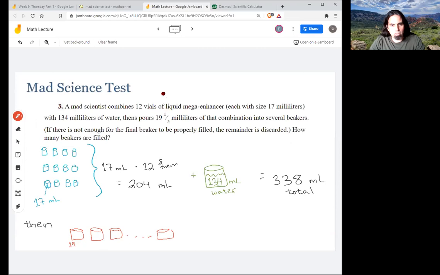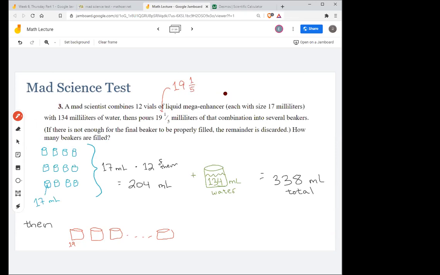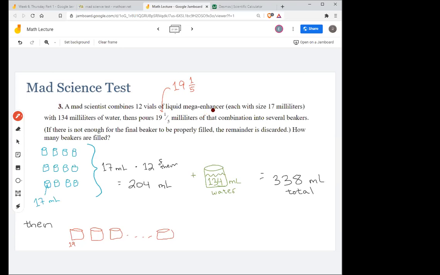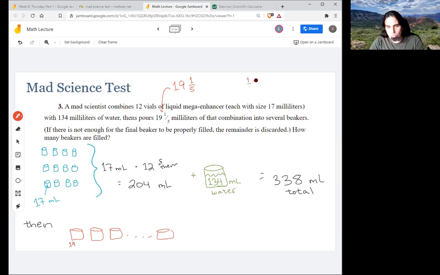So let's change that. How do I make 19 1/5 into a decimal? Do you do 19 times 5 plus 1 over 5? That makes it an improper fraction. That's even more fractiony. Would you do 1 divided by 5? Yeah, so I do the 1 divided by 5 and I get 0.2.